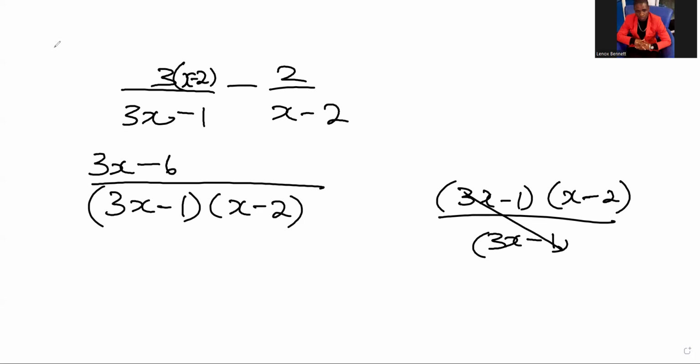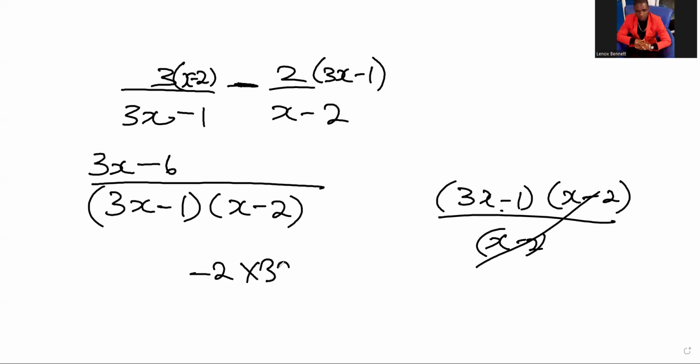Alright, naturally now, we're going to divide by x minus 2. So the x minus 2 are going to cancel out itself. So that is going to leave 3x minus 1. Remember what we said, this is a minus, so just consider it as multiplying by a negative 2. If you have negative 2 times 3x, that's a minus 6x, right?